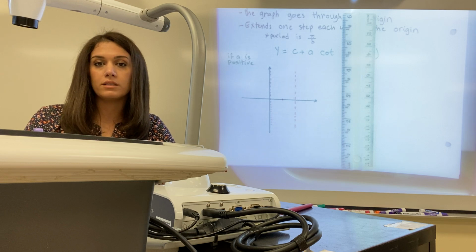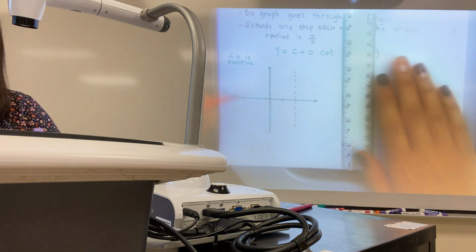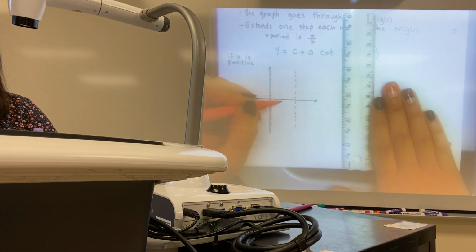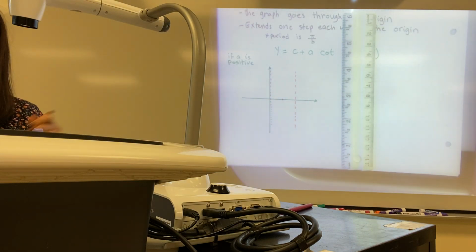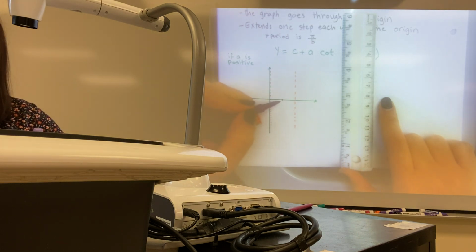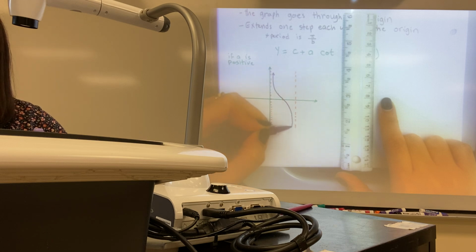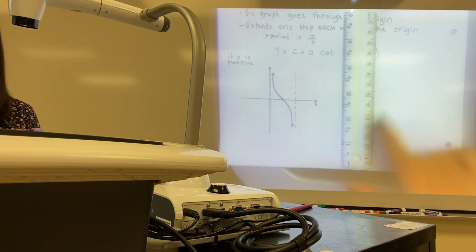If sine is 0 in this case, we will have an undefined value. The graph will be, let's use a different color here to distinguish it from the vertical asymptote. And it should be like this. Okay. That's the graph of a cotangent function.